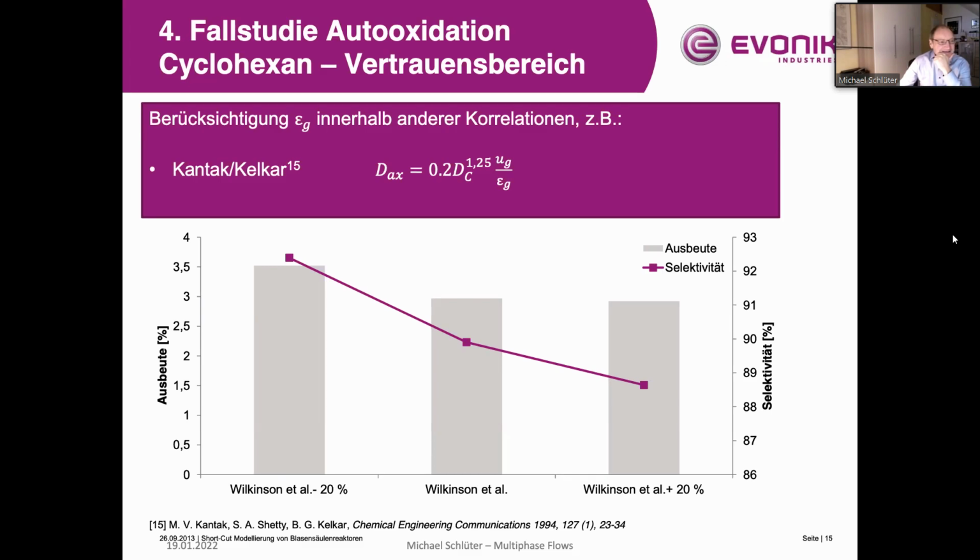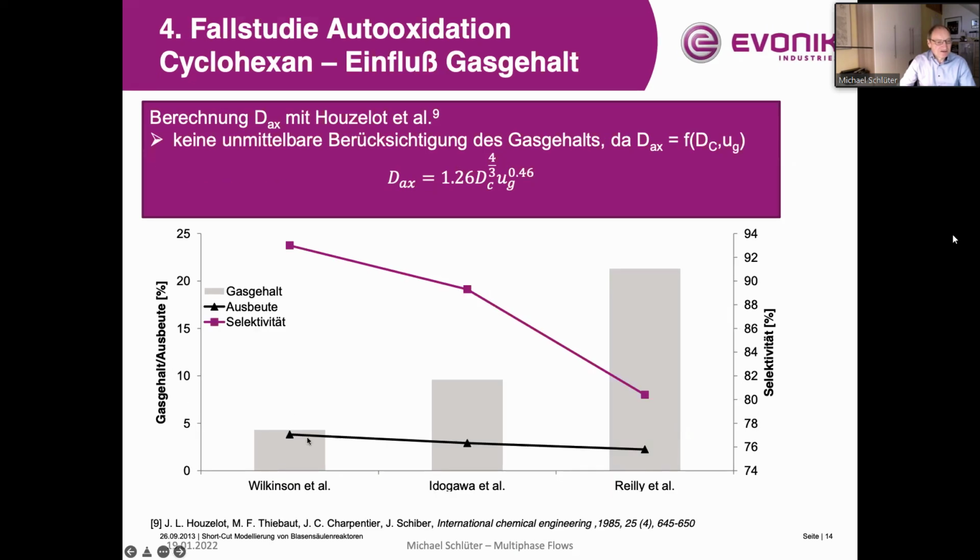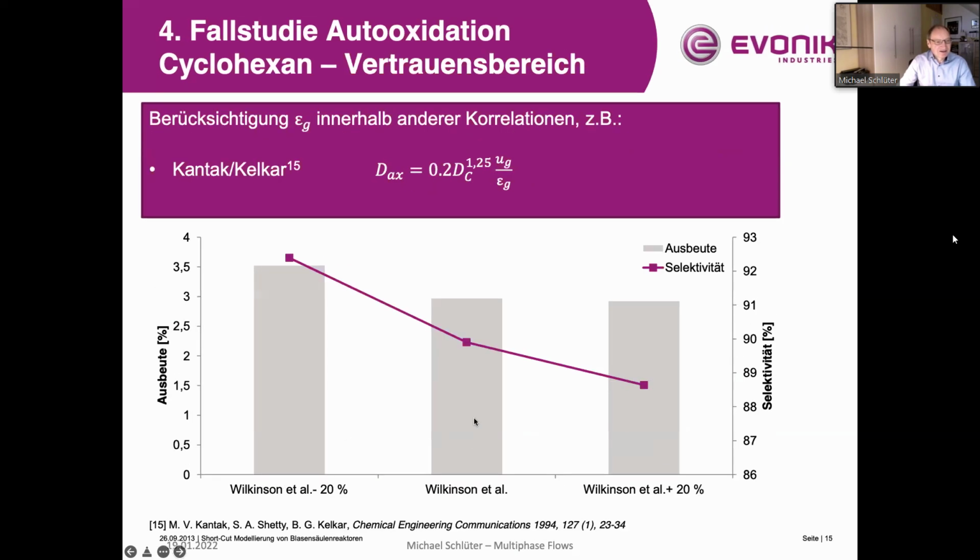Yeah, and here we have the same. You can see that even with one correlation here, the Wilkinson correlation, this Wilkinson correlation has been used, and if we use, for example, the axial dispersion, so this is another point that is not very often taken into account, if we take this additional information into account, then even with one correlation, we have very, very different results for the yield.